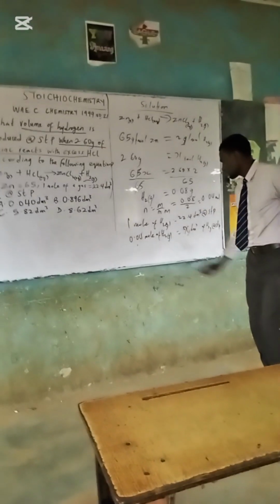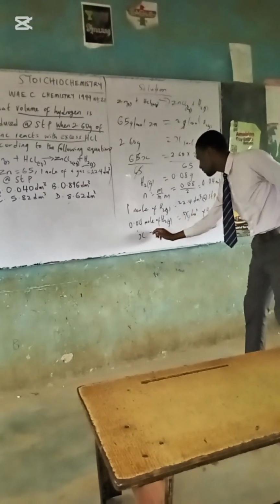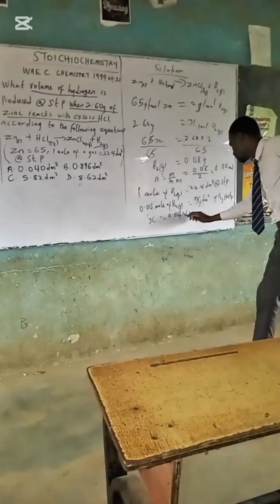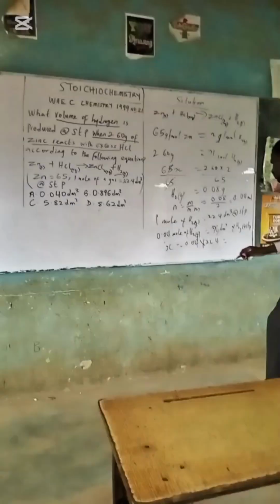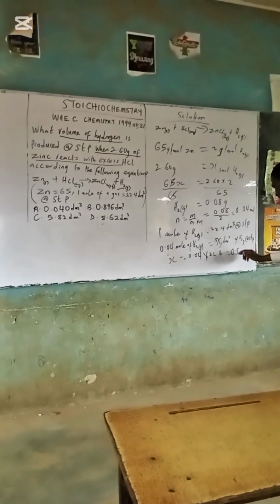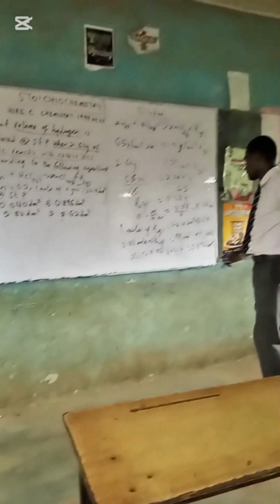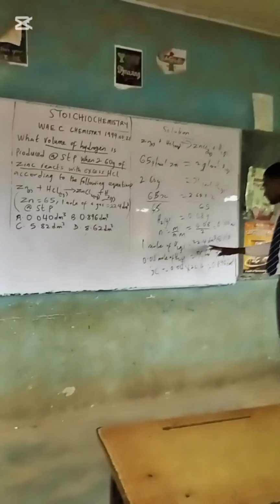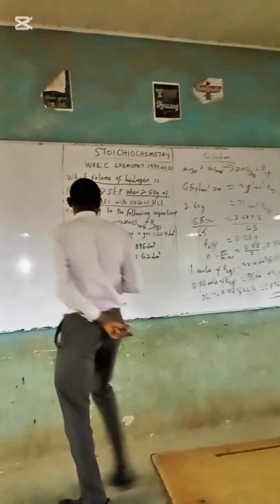When you cross multiply, what you get is x equals 0.04 times 22.4. When you multiply, you have 0.896 dm³. That is mole under mole, volume under volume. So the right answer is option B.